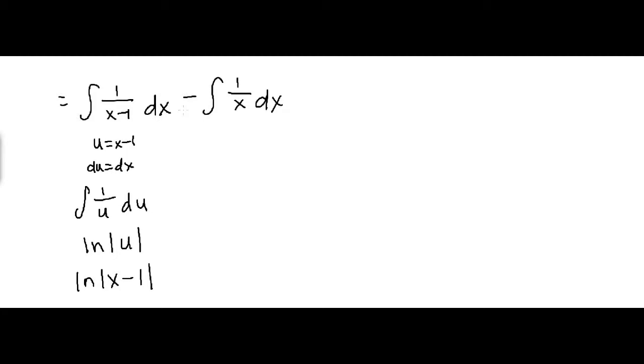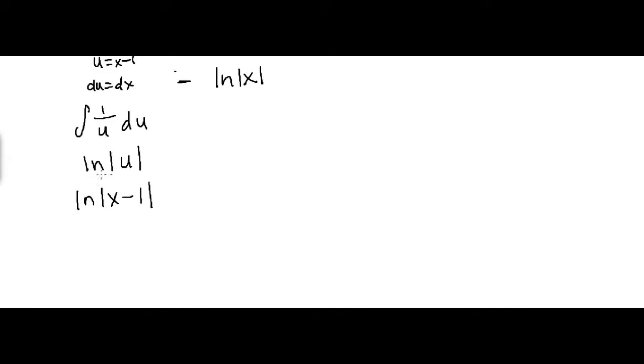And then we're going to go back over here, and we actually know that the integral of 1 over x is just ln x. So now combining these two, it would have been a minus there. So we had equals ln of the absolute value of x minus 1 minus ln of the absolute value of x.